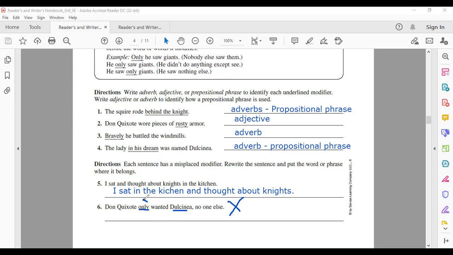I have to change it. To make it correct, I have to put it immediately before Dulcinea. I don't have to put it before the verb. I have to put it before the name of the person that he wants. He wants only one person. Who is this person? Dulcinea. So put only before Dulcinea. How would it be? Don Quixote wanted only Dulcinea.